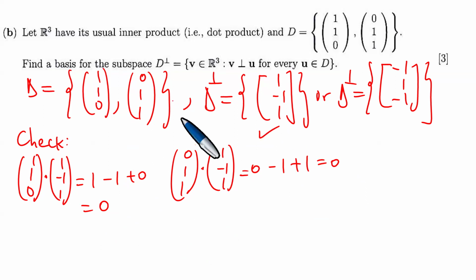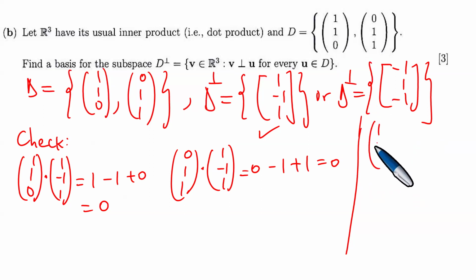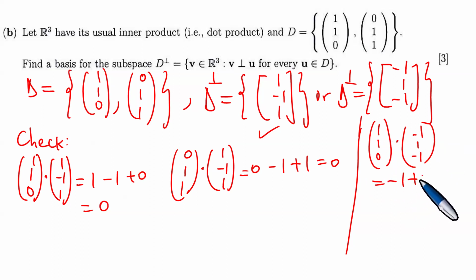You know, the orthogonal complement, this basis is correct. But you can also check the other one is surely correct. How? If you dot them, obviously in a commutative manner, 1 and minus 1 is minus 1 plus 1 minus 0, which is 0.